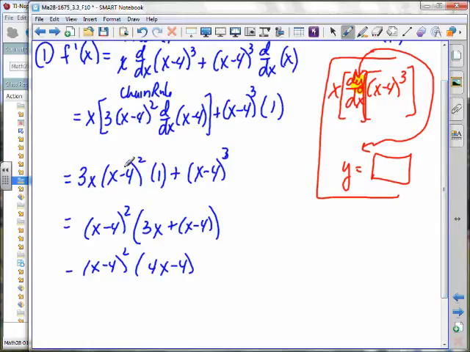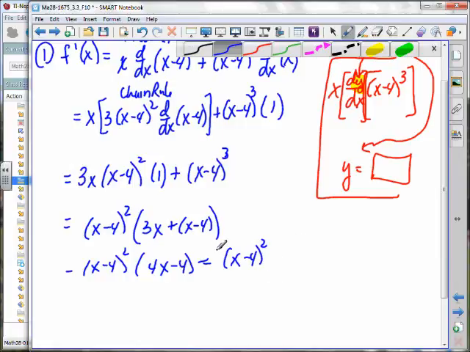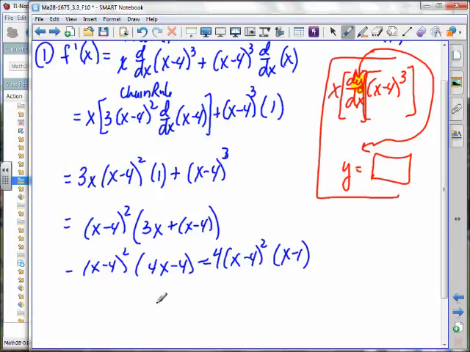You may want to leave it like this and work it from there. I think I'm going to even do one more step and make it 4 times the quantity. Let me put that 4 out in front. 4 times the quantity, because I'm taking a 4 out of that last one there.